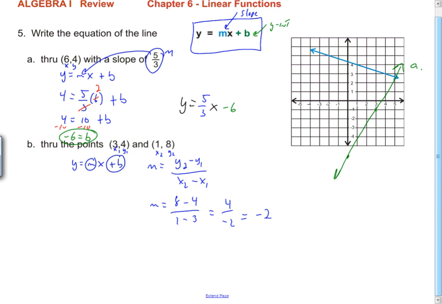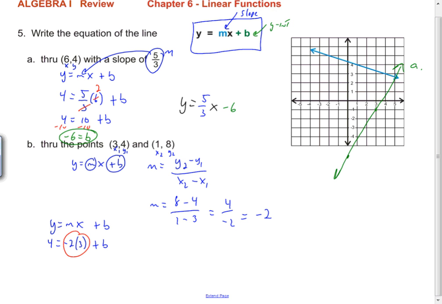Remember, we don't use the point slope formula. You can, but we're again going to use y equals mx plus b, and we're going to use either point. Doesn't matter. I'll use the first point, put the y value 4 in for y, put the m, negative 2, in for m, put the x value 3 in for x plus b. Solve the little equation.